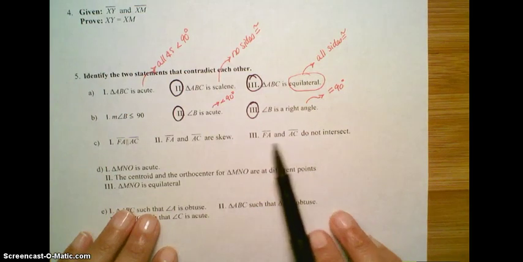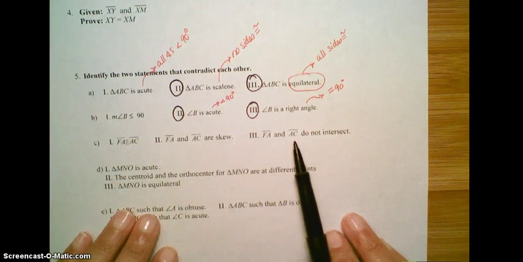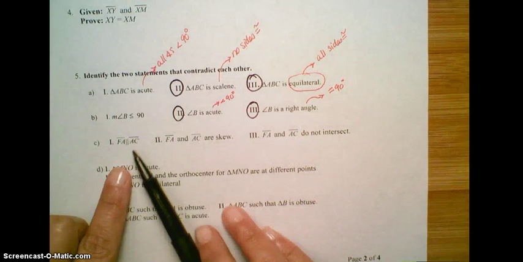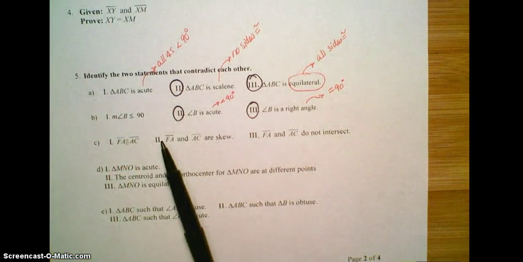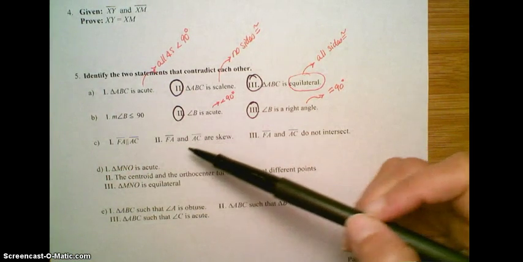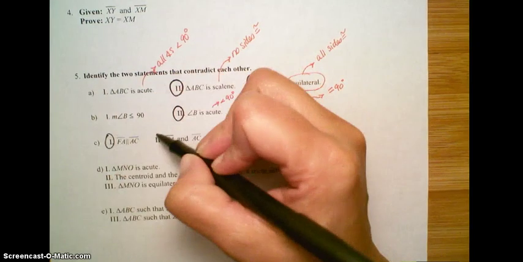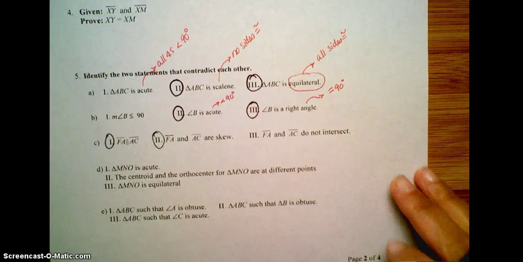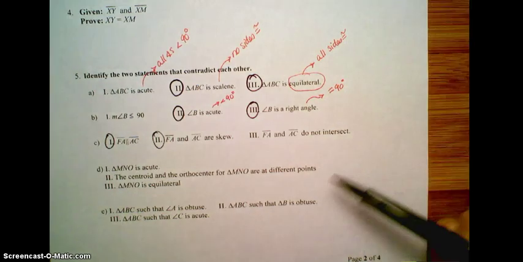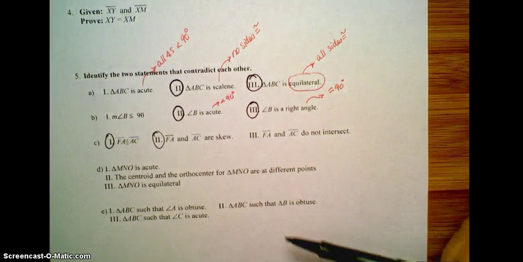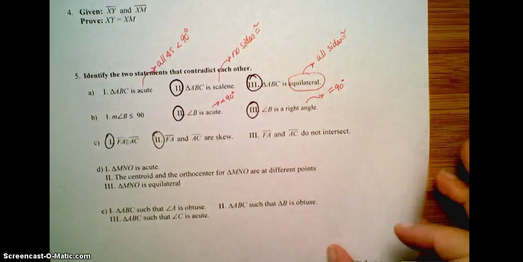And statement 3 says segment FA and segment AC do not intersect. Well, do not intersect works for both statement 1. We're back again, sorry about that. The two that are contradicting each other are parallel and skew. You can't be both at the same time. Okay, and I'd like for you to please try example D and example E on your own, and then we'll see in class how you did. Great, thanks.